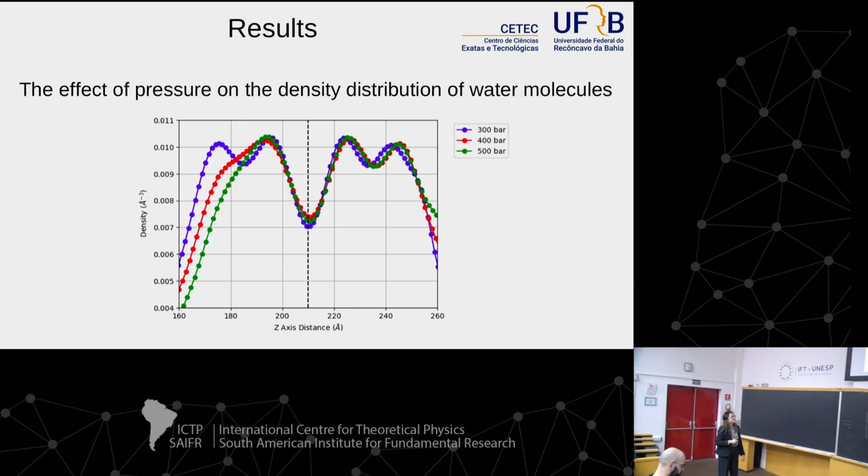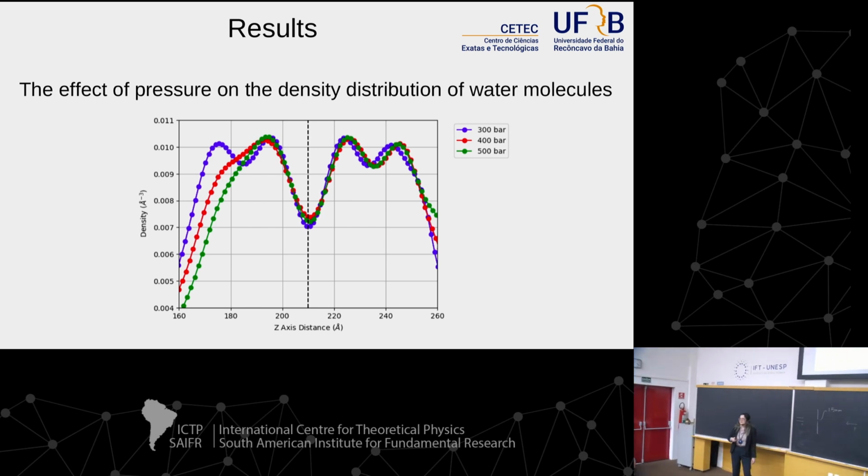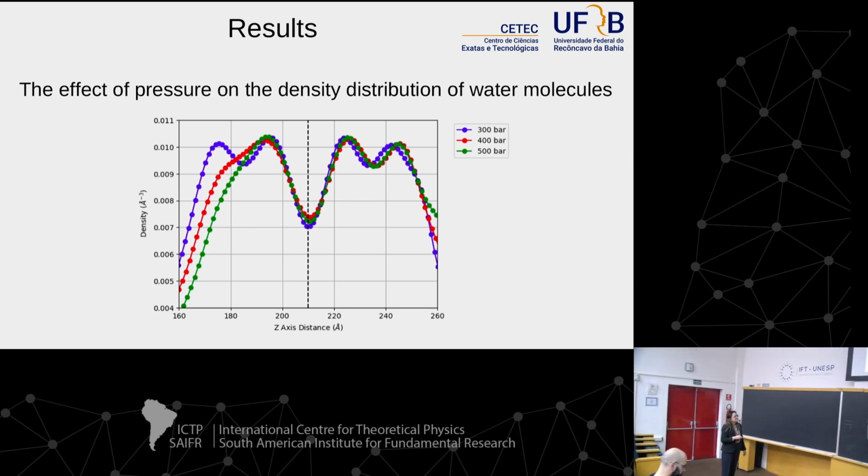We can see here that for a pressure of 300 bar, the water density is in layers, while for pressures of 400 bar and 500 bar, the water is distributed like this. Here is near piston 1. And the slit is in the position here. Okay?